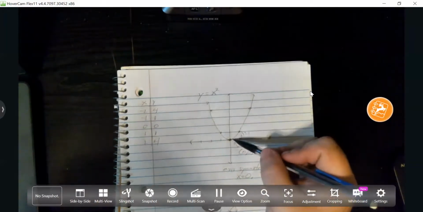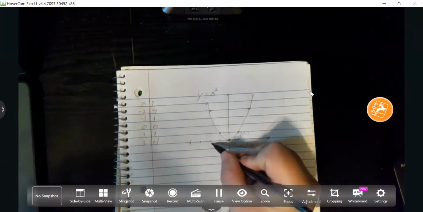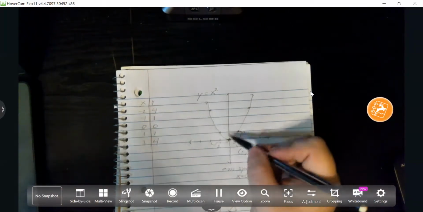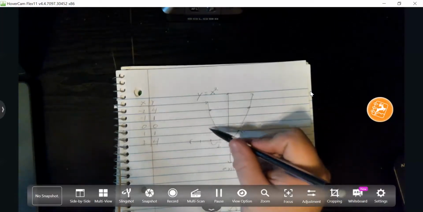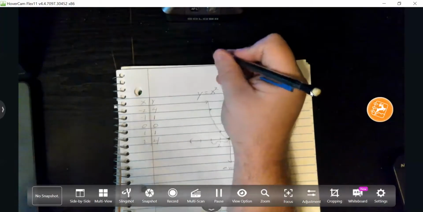If I go over 2 units, 1, 2, 2 squared is 4, that's going to match how far up I'd have to go. 1, 2, 3, 4. So over 2 units would be up 4. If we went over 3 units, we'd have to go 3 squared, all the way up here somewhere at 9. So I'm going to use that same basic pattern from when we plot points to figure out where the points would be.